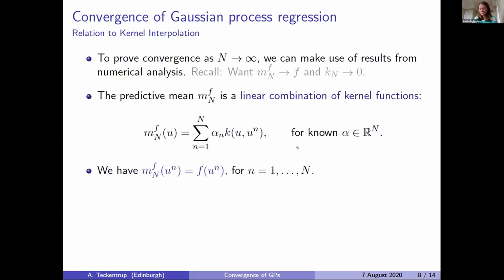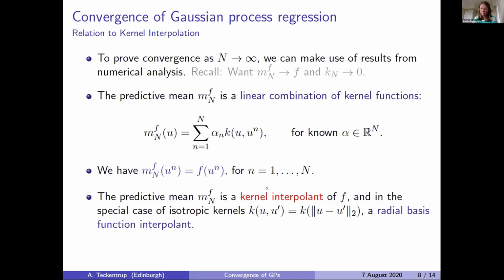Okay, so these two things tell you two things. One is that we have an interpolant, so the posterior mean is always an interpolant of f, and it's an interpolant with the basis functions k. The k here take the role of the basis functions in the interpolant, right?